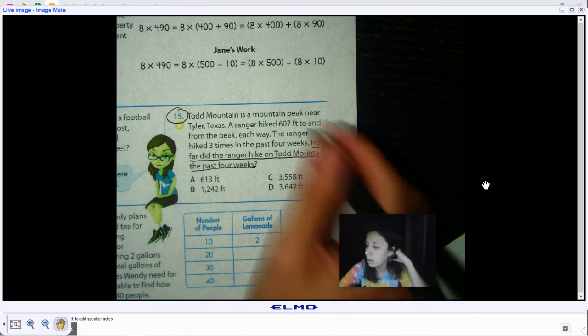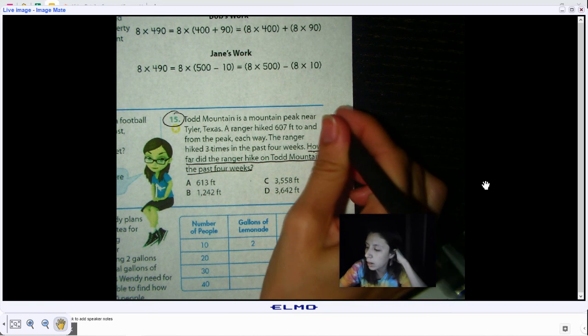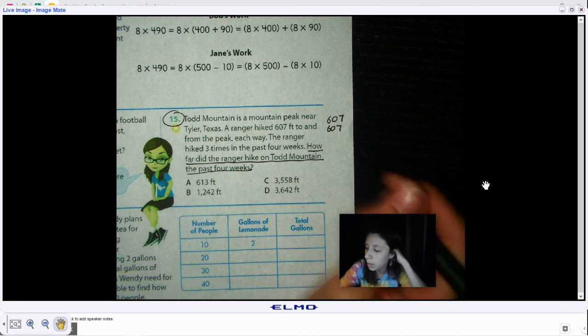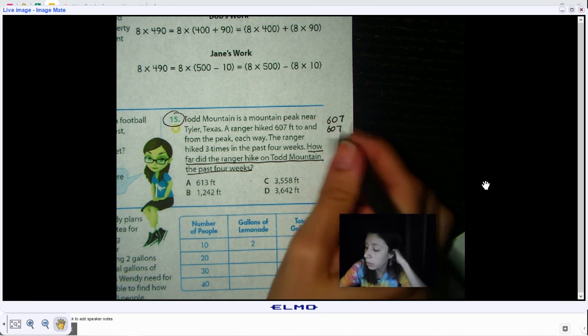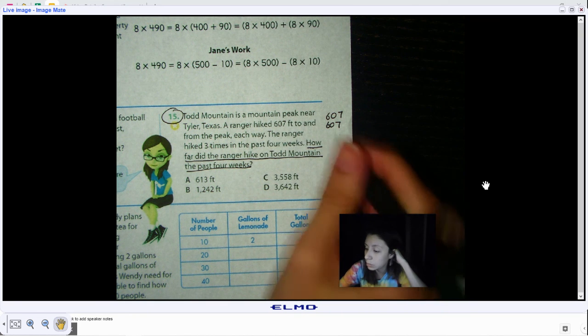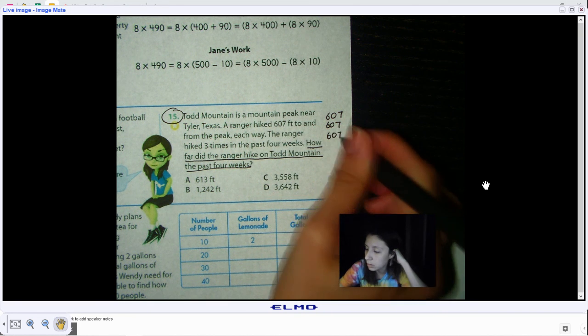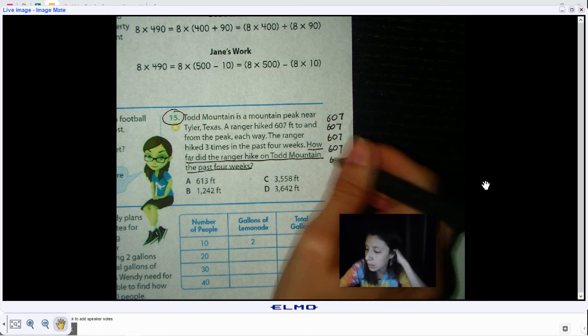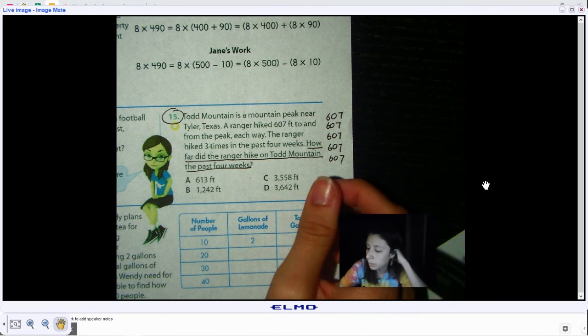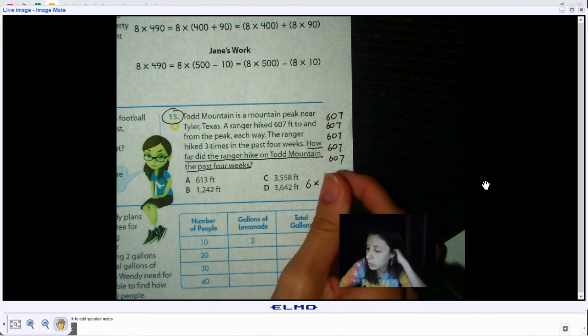Okay, so I had 607 feet. If he did it one time, he would hike 607 feet twice. If he did it 2 times, it would be 4, and if he did it 3 times, it would be 6, right? So 607 feet 6 times if he did that hike 3 times. Okay, so what I'm going to do is I'm going to do 6 times 607.